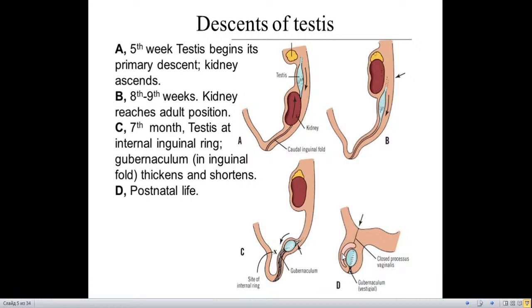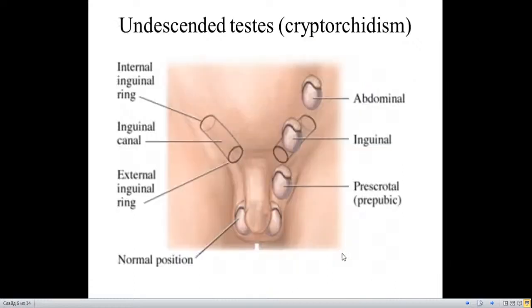That is normal development of testis, but some clinical cases happen, known as undescended testis, or scientifically cryptorchidism. Crypto means unknown, and orchis, as I said above, is the Greek name of testis. This picture shows some types of cryptorchidism.